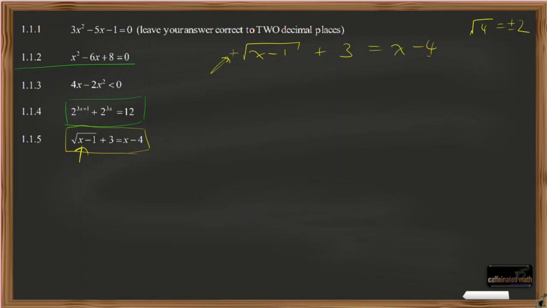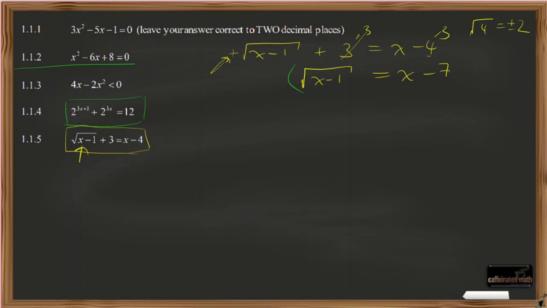From there, normal equation mechanics apply, because we have the square root of x minus 1, we'll just subtract 3 from both sides to get a 0 over there, and it's x minus 4 minus 3, which is just minus 7.